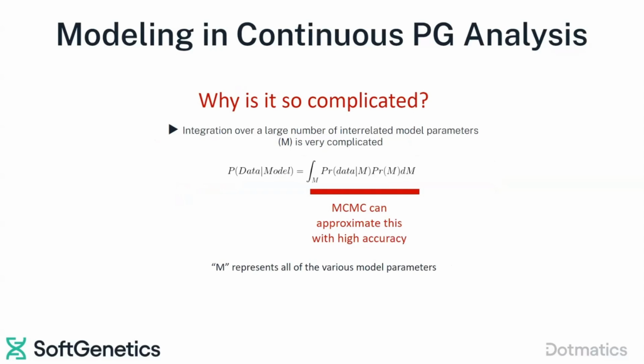So a very large number of interrelated model parameters. The probability of the data given the model is equal to the integration of all of the different parameters. MCMC can approximate this with very high accuracy, and M represents all the various model parameters.